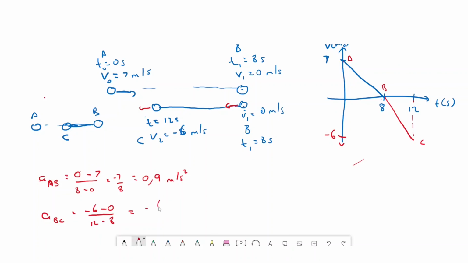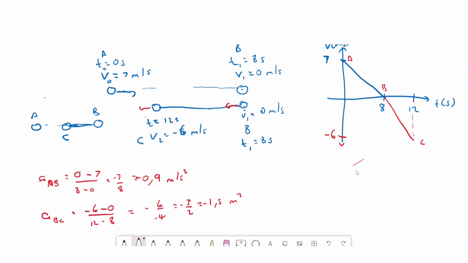Then this is minus 6 divided by 12 minus 8, which is 4. So this is more like 3 over 2, it's 1.5, minus 1.5 meters per second squared. I forgot to put a negative, so I put that.